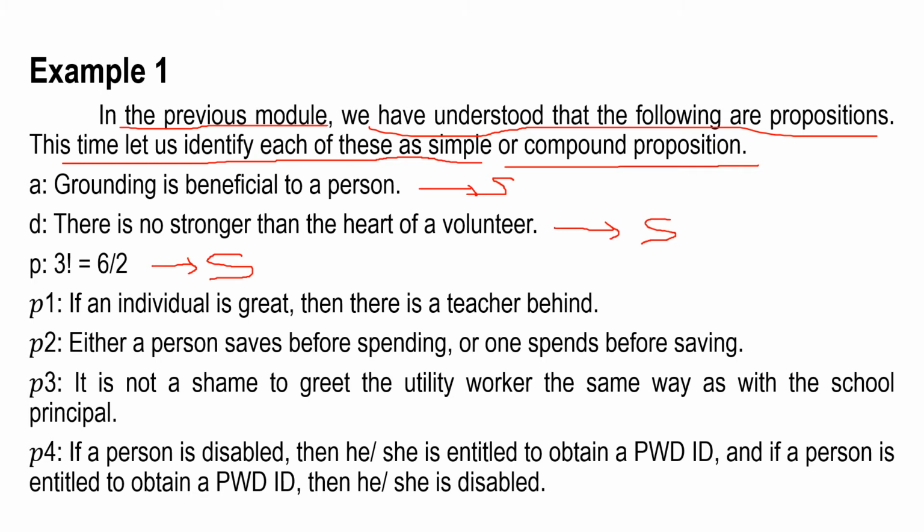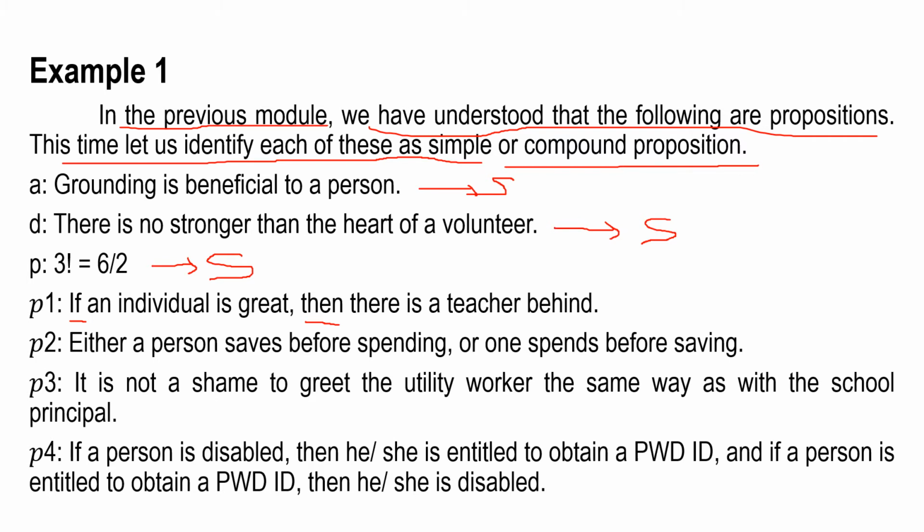So P sub 1 here, the proposition under P sub 1: if an individual is great, then there is a teacher behind. If we observe this one, there is a logical connector used, and that is the if and then. So meaning to say, the propositions from A up to P4 are all propositions.